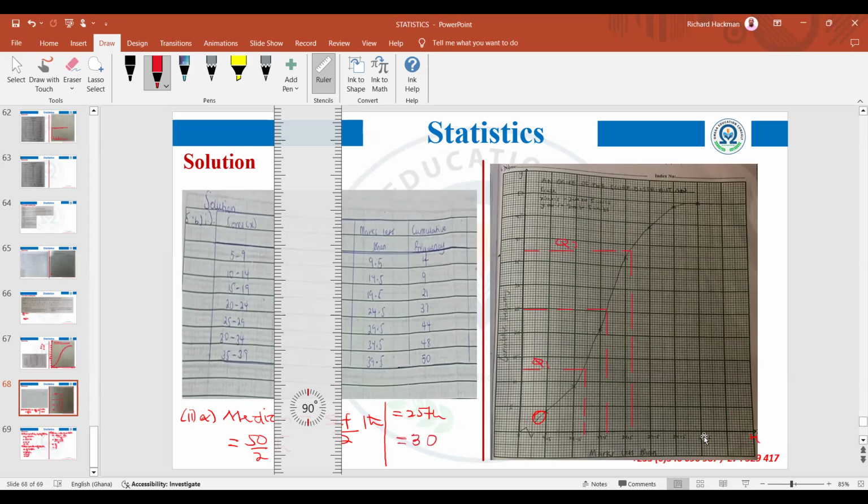In the same way, you could be asked to find percentiles and what have you. If you are asked to find percentiles, usually it means you are going to get maybe 100, but even if you have less than 100, you could be asked to find percentiles. It's the same thing.